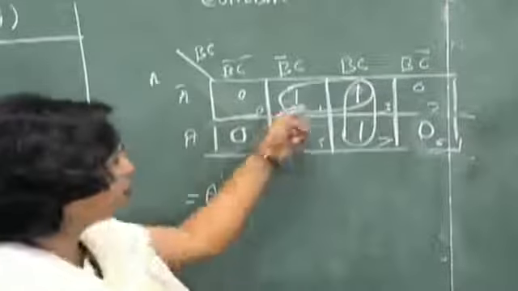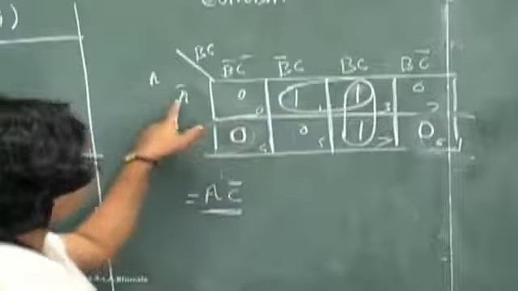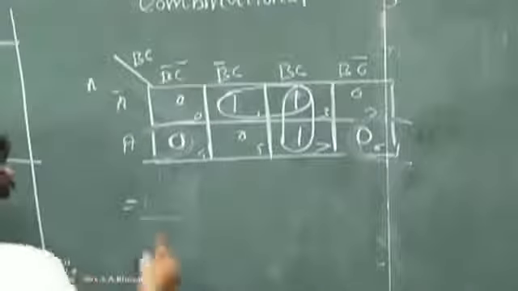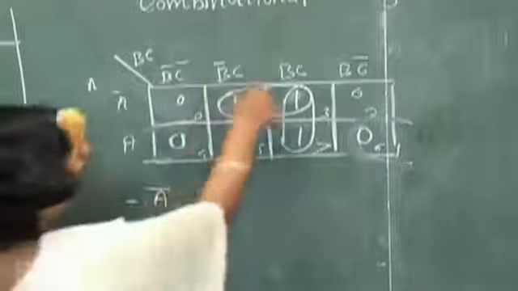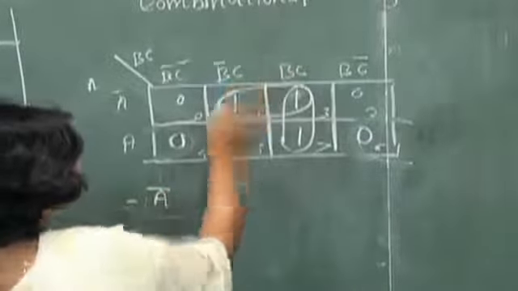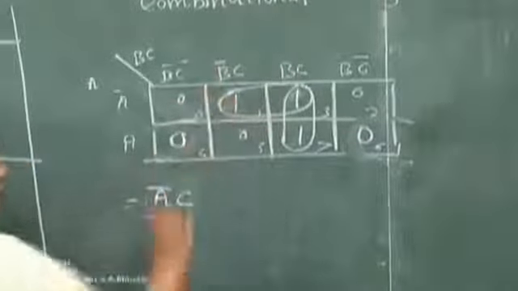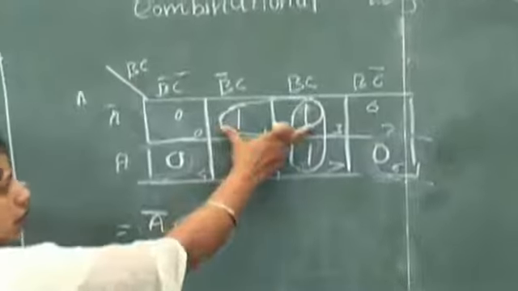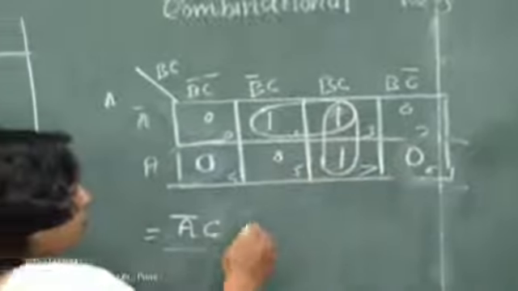So let us solve for the first pair. Horizontally if we see, it is A bar, and if we see here vertically, C is common and B bar will be cancelled as they are complements of each other. So this is for this pair. Now let us see the second pair.